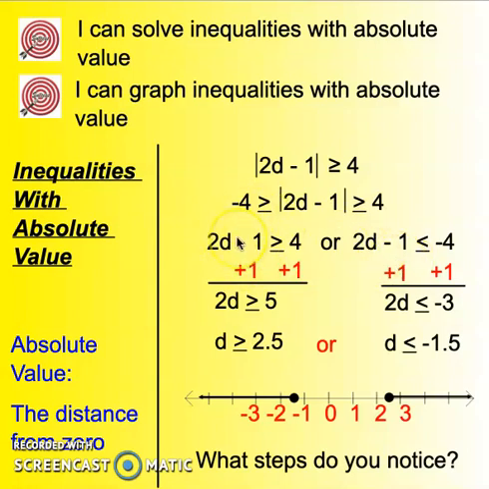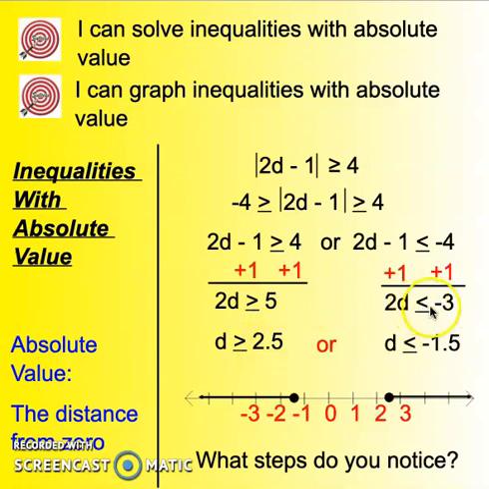And so when we look at this, notice, this is just a two-step inequality. So we're doing the inverse and we're adding 1, and then we're dividing by 2. And when we divide by 2 on this side, we get 5 halves, or 2.5.